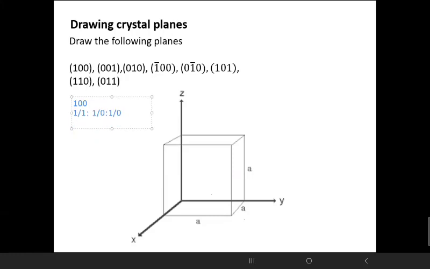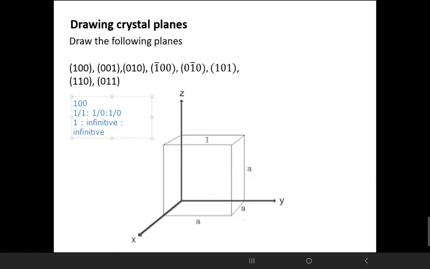1 over 1 is 1, 1 over 0 is infinity, and 1 over 0 is infinity.